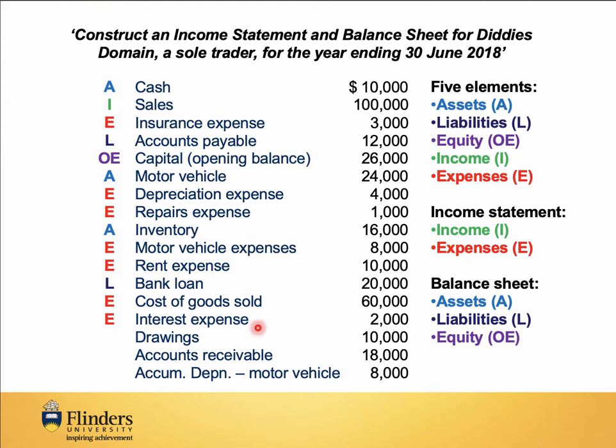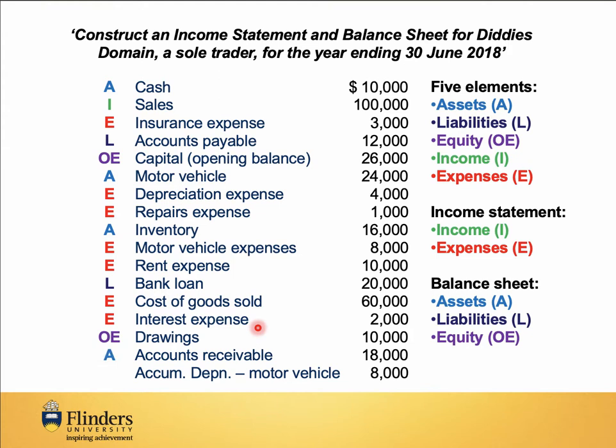Drawings is a negative equity account. Remember, drawings are recorded when the owner withdraws some form of cash or other asset from the business for their personal use. So it's an owner's equity account, but it reduces owner's equity. Accounts receivable, that's an asset account, a current asset.